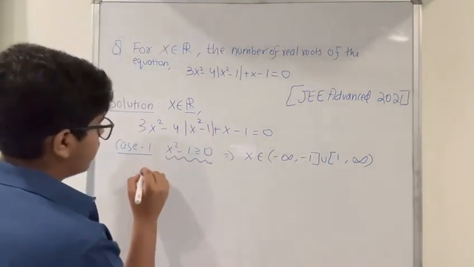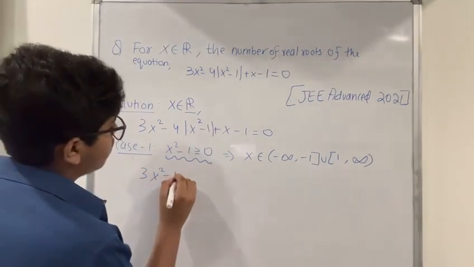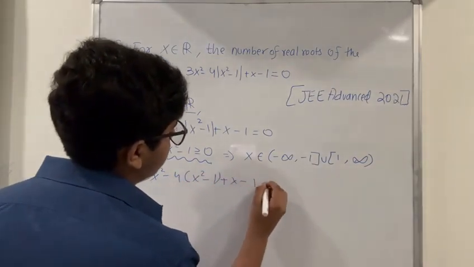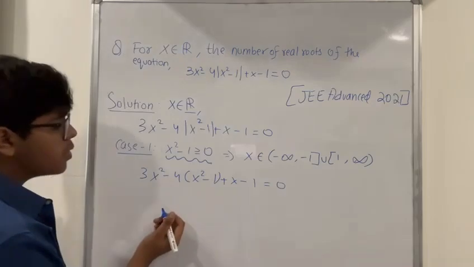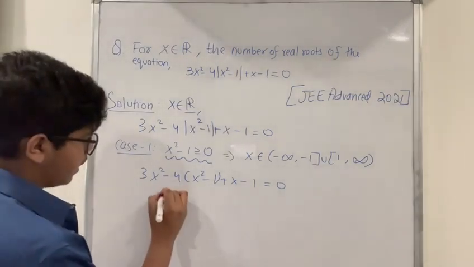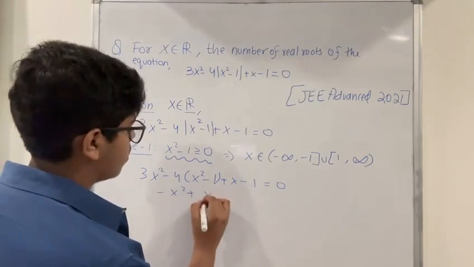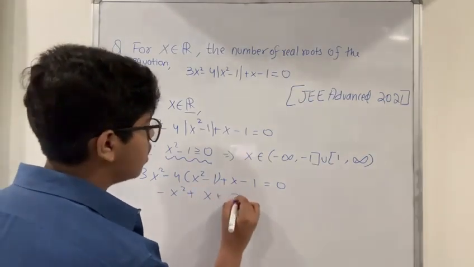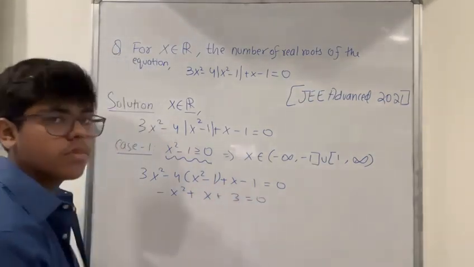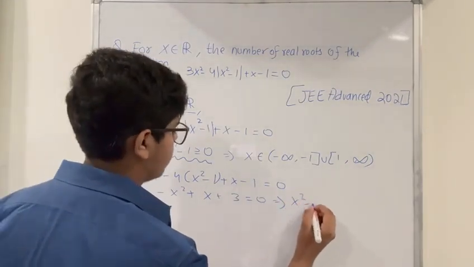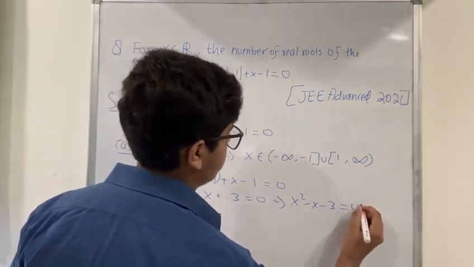So we can just write that 3x squared minus 4 times (x squared minus 1) plus x minus 1 is equal to 0. From here we get minus x squared plus x plus 3 is equal to 0. I just simplified it. Now from here we get x squared minus x minus 3 is equal to 0, right?